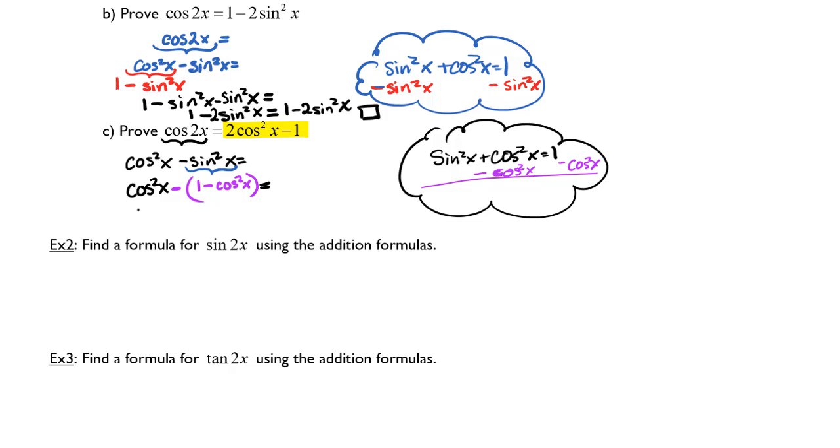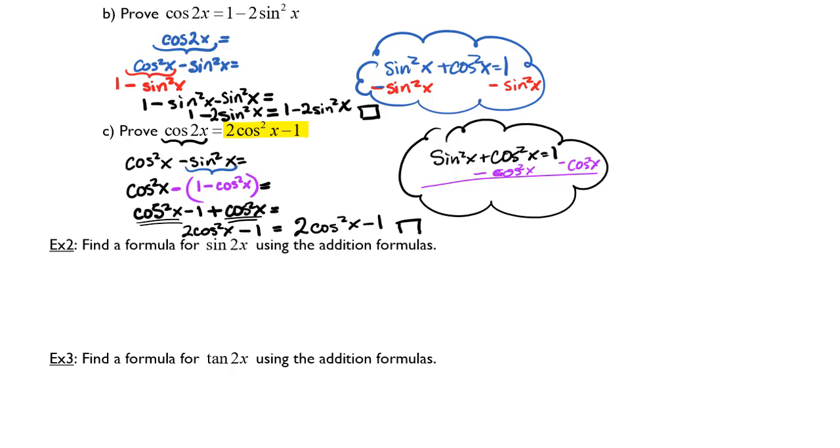After I replace it, I'll have cosine squared x minus 1 plus cosine squared x. And if I combine my cosine squared x's, I'll have 2 cosine squared x minus 1 is equal to the other side, the right-hand side, 2 cosine squared x minus 1.